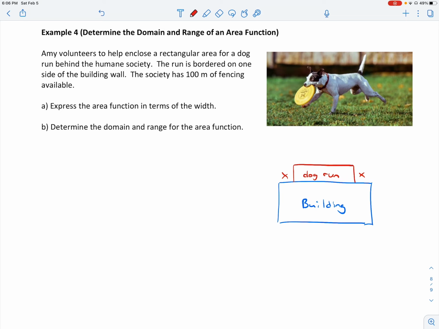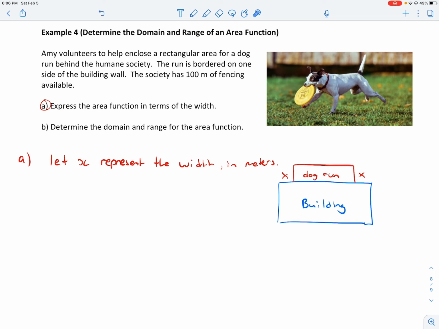This will help us to start off part A, trying to get that area function in terms of the width. So we'll say let x represent the width. Okay, and it's going to be in meters. Those are our units. So x is the width, it's this side and this side.